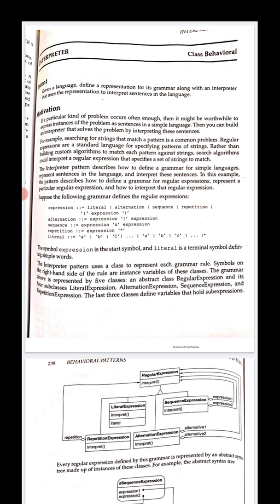Here we mainly define the intent. We just need to define a grammatical representation for a language, and the interpreter to interpret the language grammar or expression with context. So the interpreter plays the major role here.